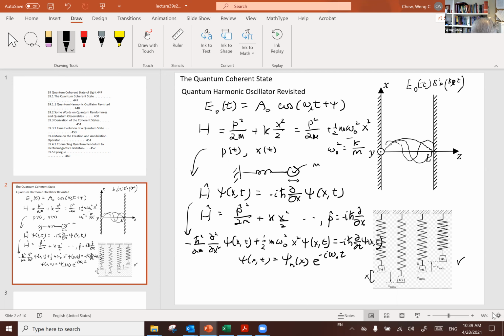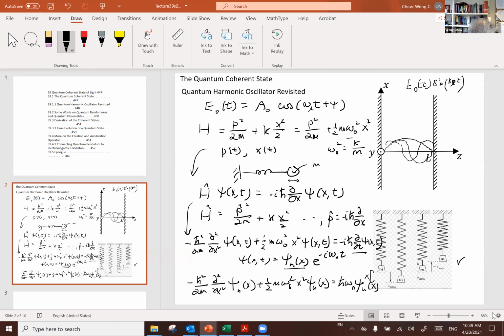And if you plug this in, then the Schrodinger wave equation can be written as an eigenequation. And then the one that involves space derivative is this one. And then the second term will be something like this. And then the right-hand side has a very simple time derivative. So it would just become h bar omega n psi sub nx.